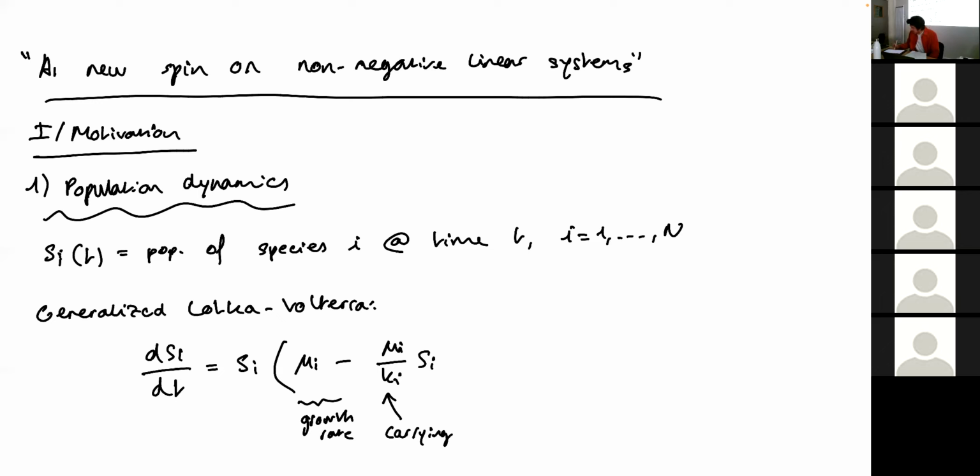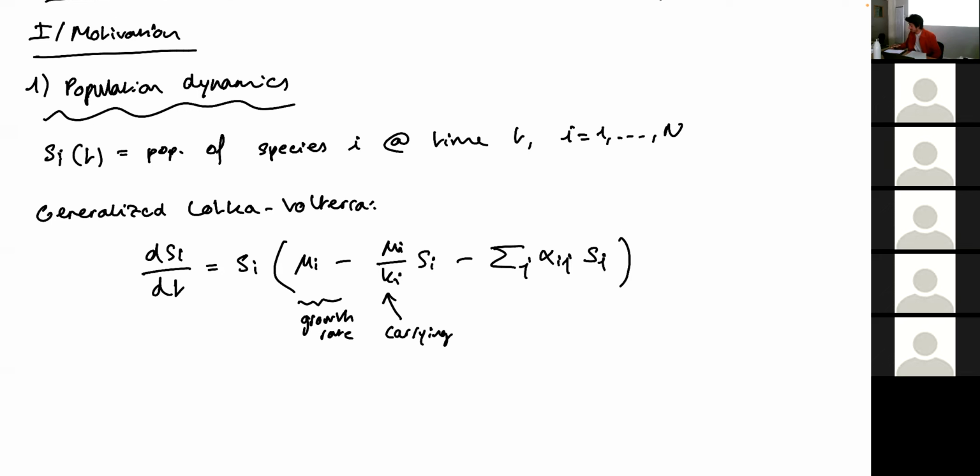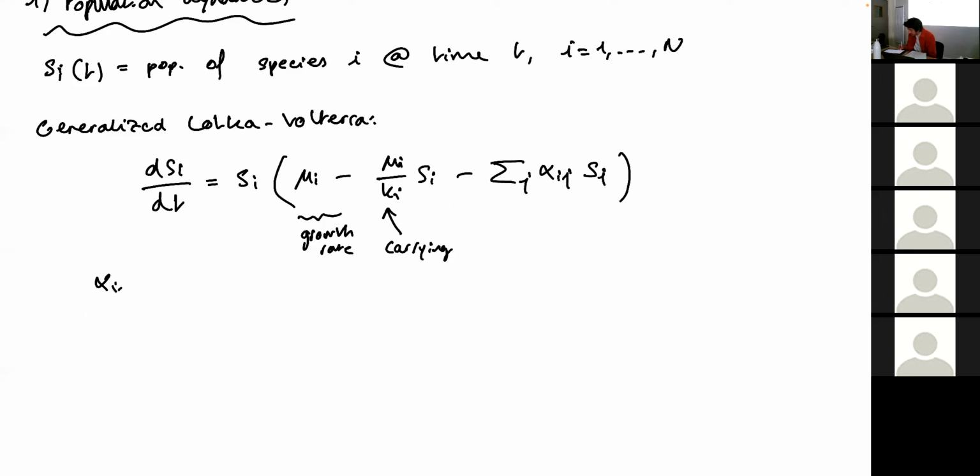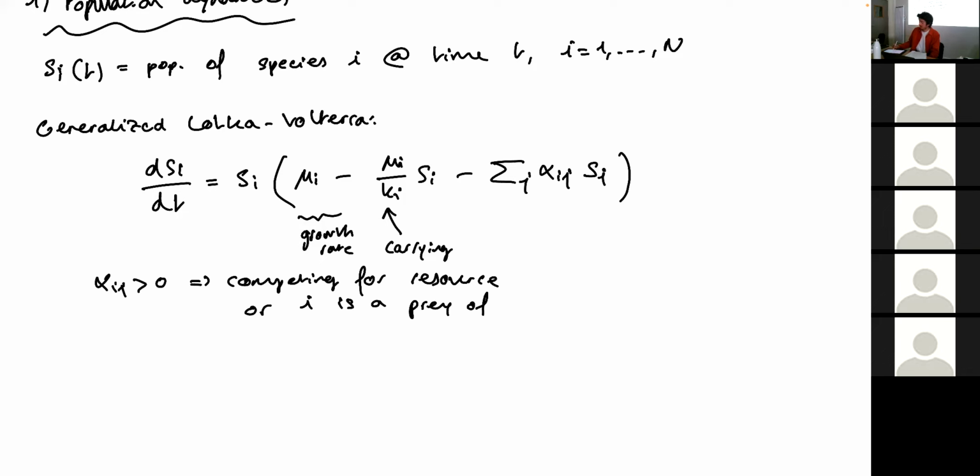Okay, and so finally, and this is what really usually interests us, you've got an interaction term where you have alpha_ij, which is an interaction matrix. And so if alpha_ij is positive, this means that you're either competing for a resource, so the presence of species j is deleterious to the evolution of the population of i, or it could be that i is a prey, potentially, of a predator j.